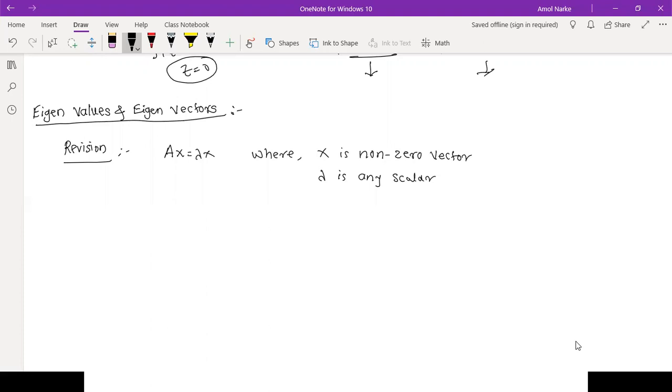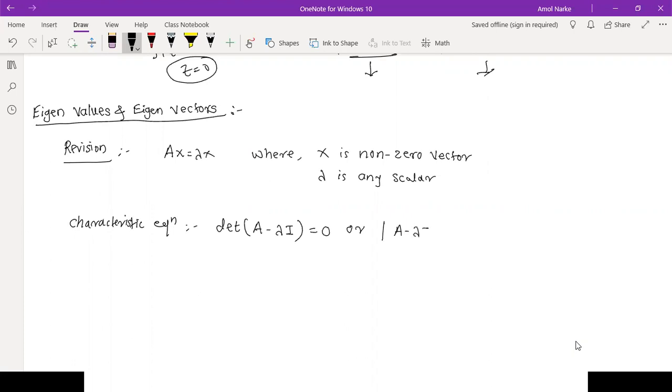Okay. So now, what is the characteristic polynomial? The characteristic equation is nothing but the determinant of A minus lambda I, where I is the identity matrix, equal to 0. Sometimes we call this the determinant sign.